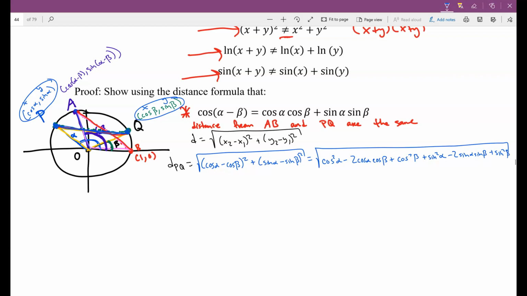This first part corresponds to FOILing the first quantity, and this other part corresponds to FOILing the second.